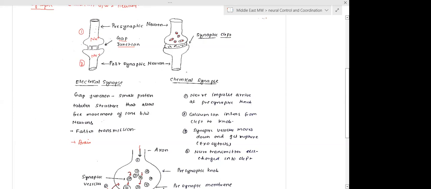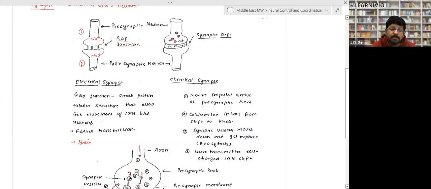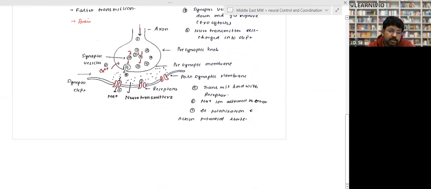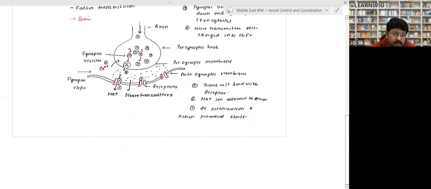In chemical synapse, a chemical called neurotransmitter transfers from one neuron to another, and it is slower. Below we have shown the steps of transmission of the chemical impulse. In the first step, the impulse comes. When the impulse arrives here, the synaptic knobs start taking calcium ion inside. Due to the entry of calcium, as the third step, the vesicles start moving down. When the vesicle comes to the edge, it discharges the neurotransmitter.